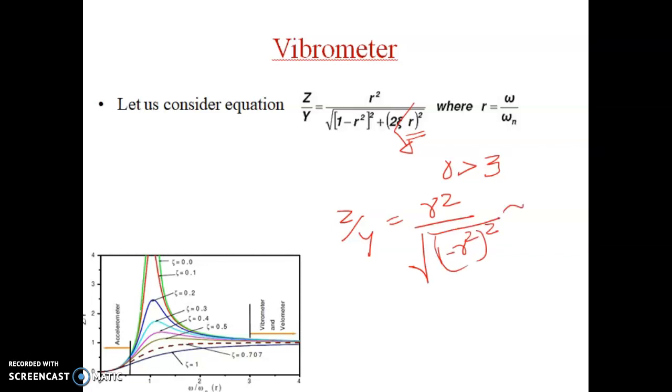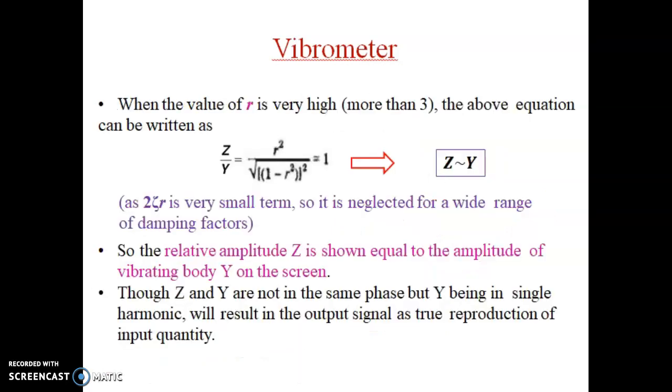So this is approximately equal to 1, that is, approaching 1. Otherwise we can say that Z is approximately equal to Y. So Z equal to Y means Z is the indication of the instrument and Y is the feature to be measured. So Z is the output signal and it's a true reproduction of the input quantity Y.